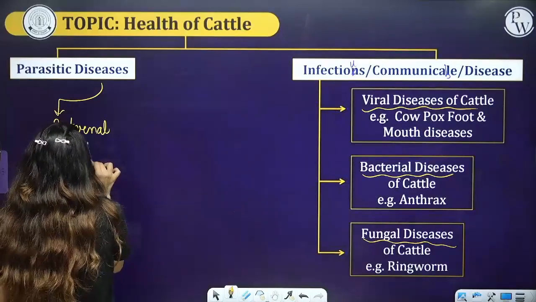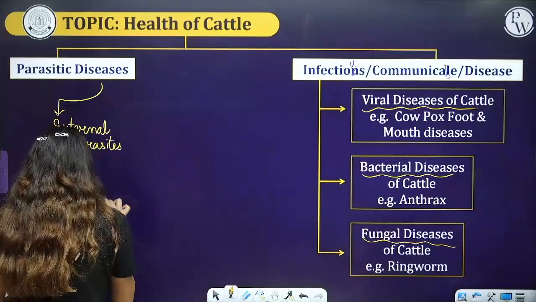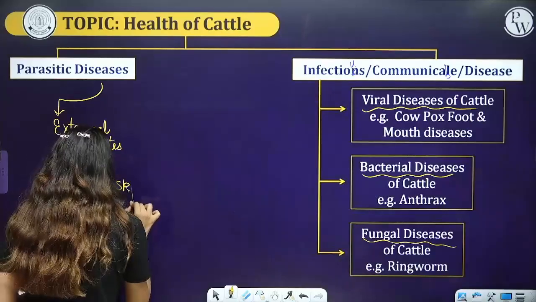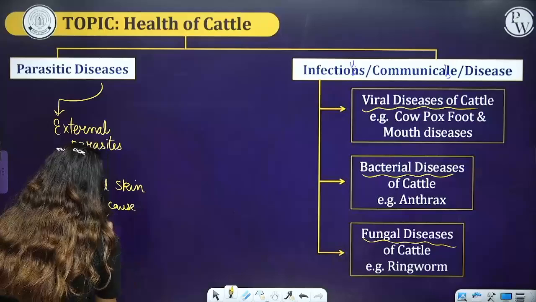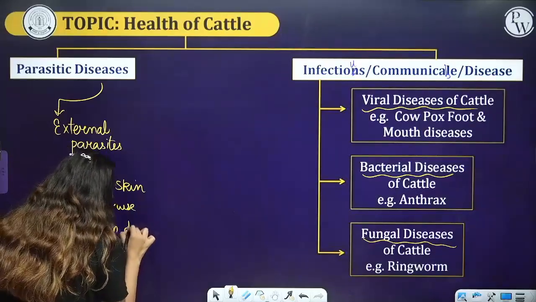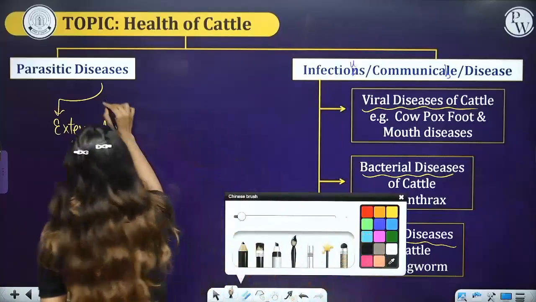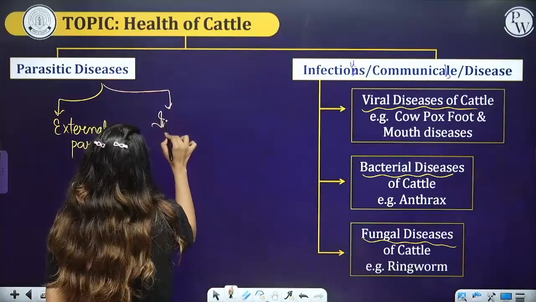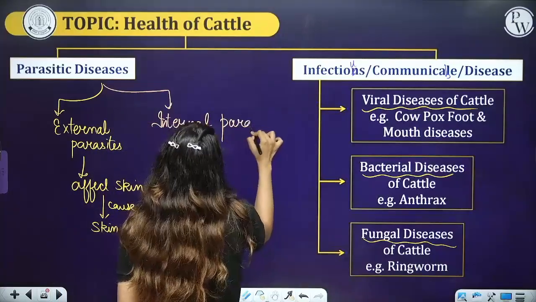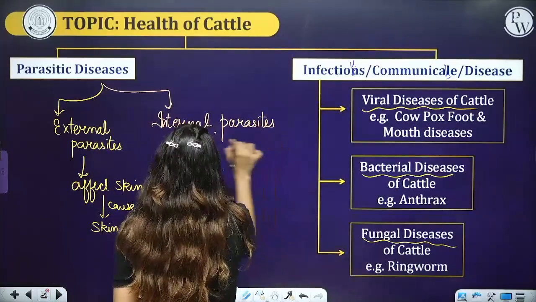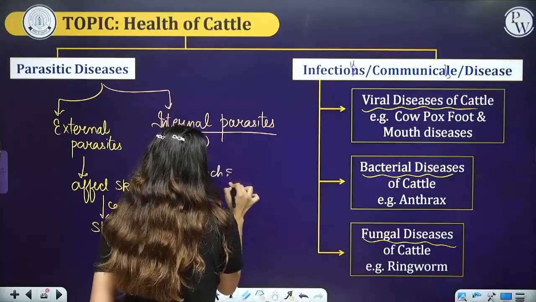If they are external parasites, obviously they are going to affect the skin and they are going to cause different types of skin diseases, right? Also, I can say they can be internal also. They can enter into the body also, and those are called internal parasites. Now, internal parasites either enter into your stomach and intestine.